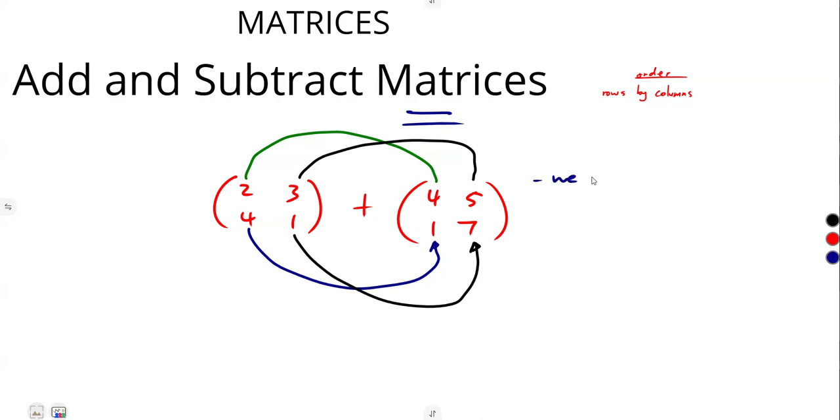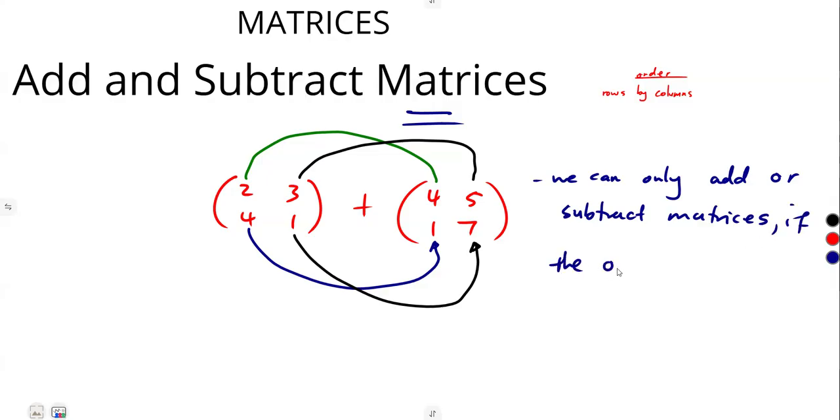We can only add or subtract matrices if the order or dimension is the same.